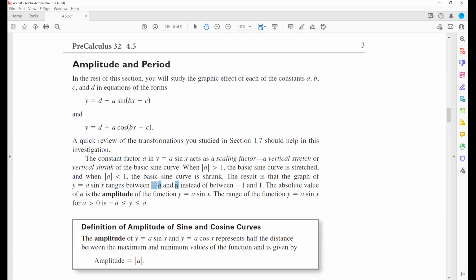Instead of negative 1 to 1, you're going to change the range to between negative a and a. The absolute value of a is called the amplitude of the function. So the range of the function y equals a sine x when a is larger than 0 is negative a to a.